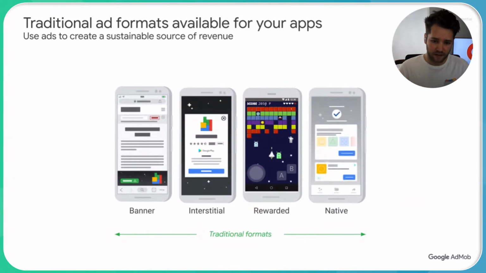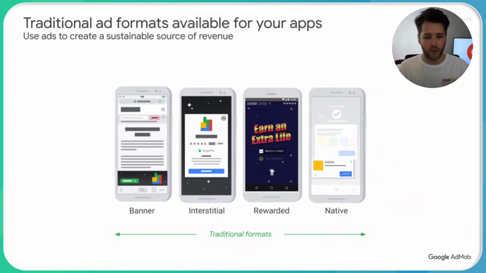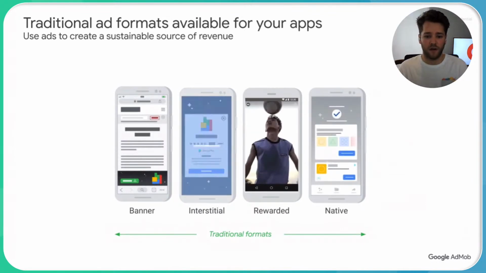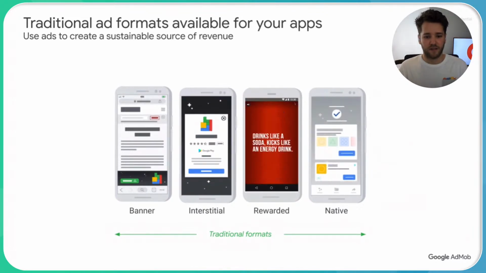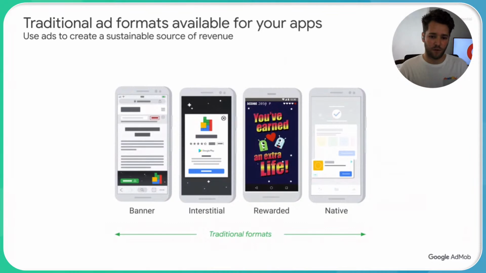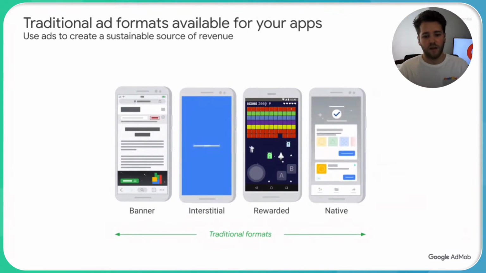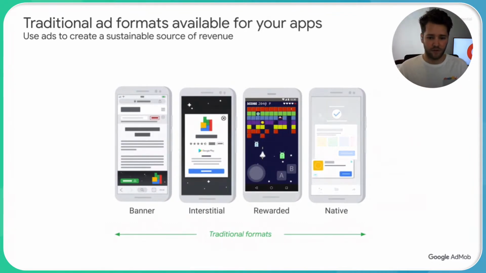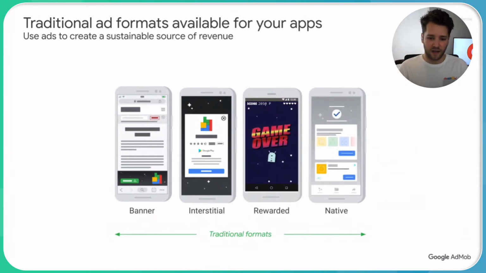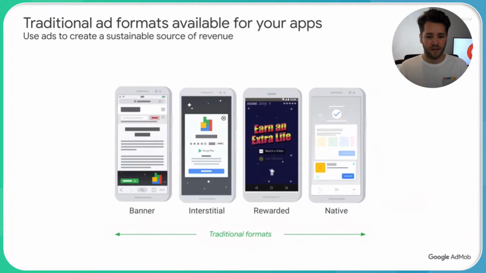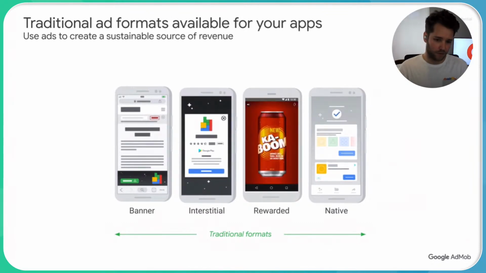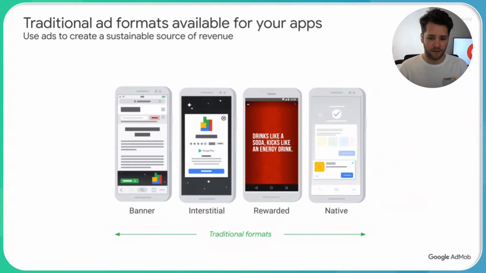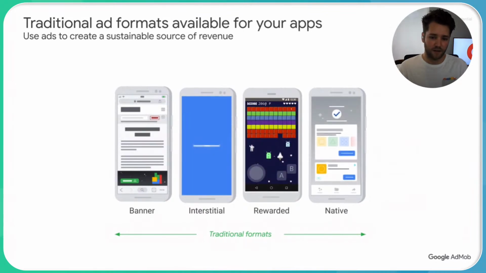We have rewarded ads, which show ads in exchange for a bonus or something else from the application, so it's a kind of deal you are making with your user: if you watch this ad, you will get this bonus. And then we have native ads, which are a type of banner that adjusts to the style of your game.